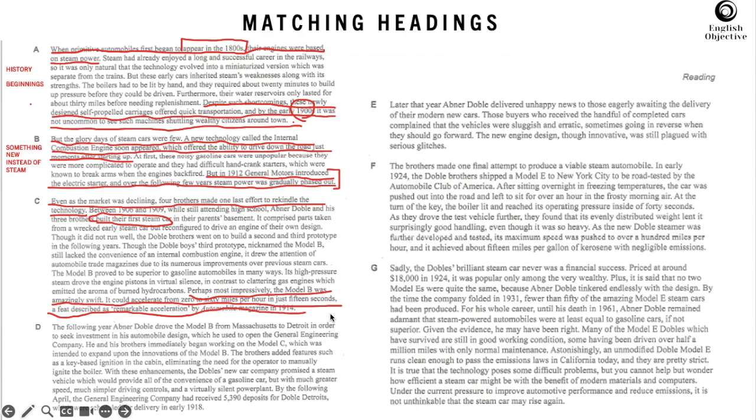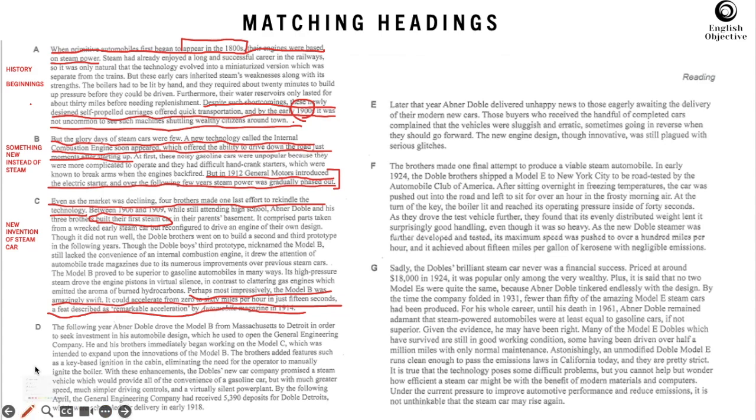It was fast, described as remarkable. So the notes that I'm going to take besides this paragraph to help me remember the main ideas would be something like: new invention of steam car.